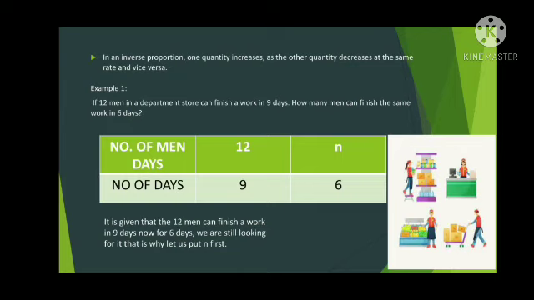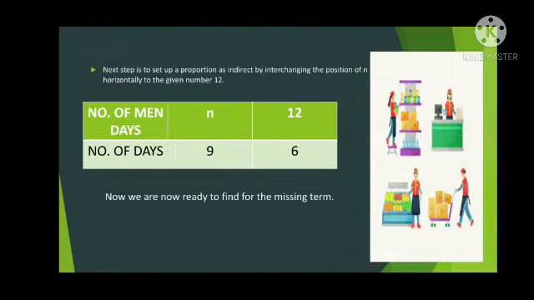So we will interchange their positions because we are talking about inverse proportion. By inversely interchanging n and 12, this is what happens. That is our new table.